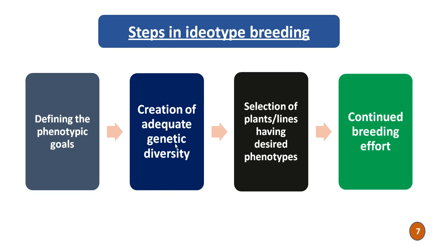In this first step, the roles of individual traits in determining yield are determined and their importance is specified. A breeder may usually opt for traits that are easy to score, and this is the first step in which we define our phenotypic goal in advance.